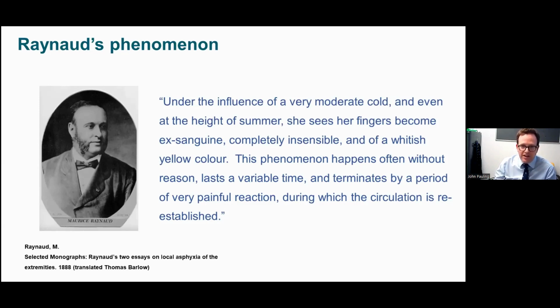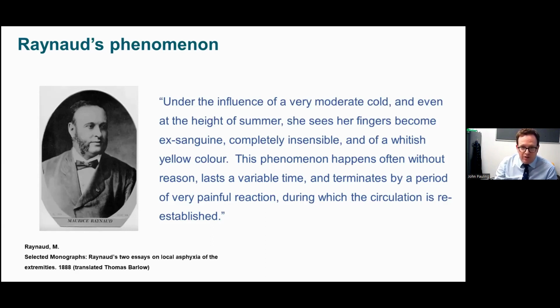And the very first case he described was a young lady who, under the influence of a very moderate cold, even during summer, sees her fingers become exsanguine, so lose all the blood, become insensible or numb, and of a whitish yellow colour. And this phenomenon happens often without reason, lasts a variable time, and often when the blood flow returns to the fingers, it can be quite painful as the blood flows back into the fingers.